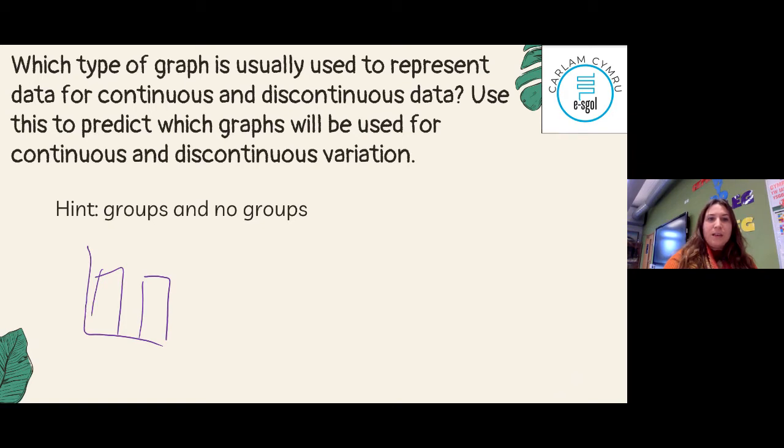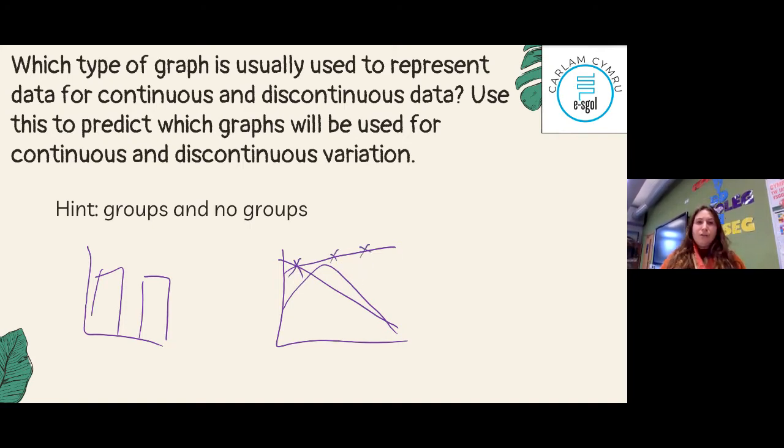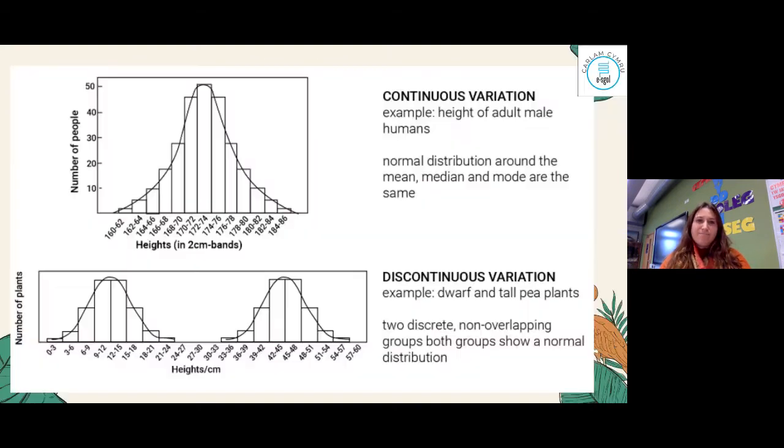So that's going to be your discontinuous. Your continuous, okay, so if we're not thinking about variation, continuous means that we have a set of results, either one of these. So this is where you would plot little x's and you would have your line of best fit. So it's the same thing.